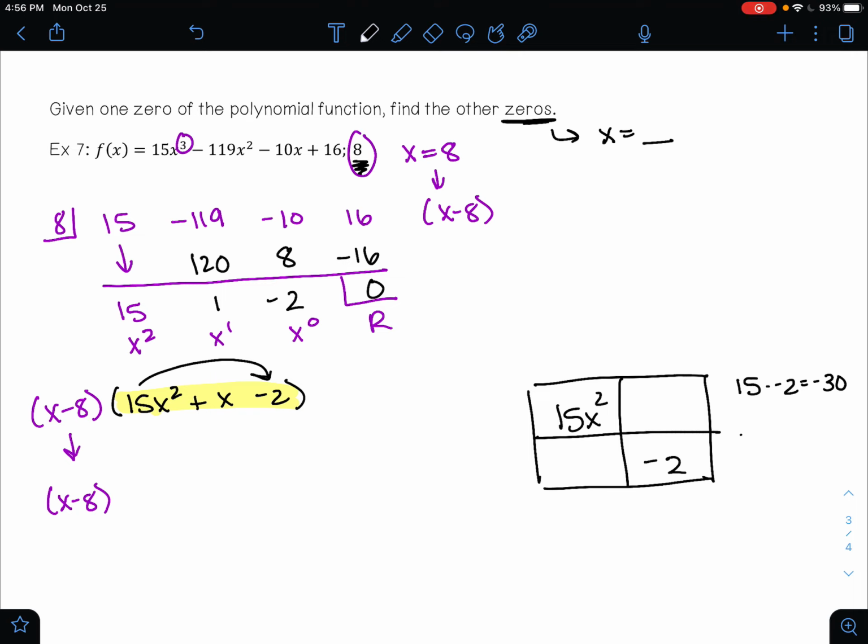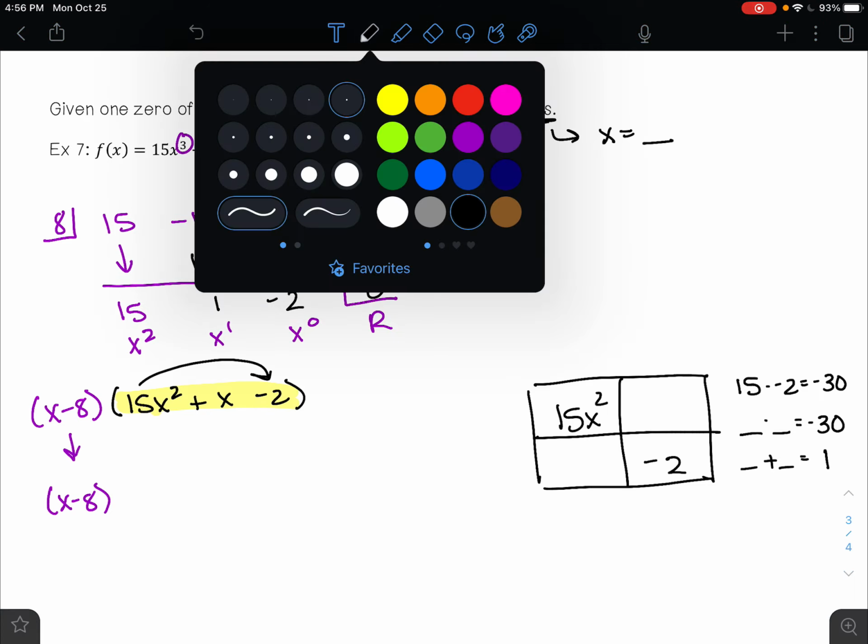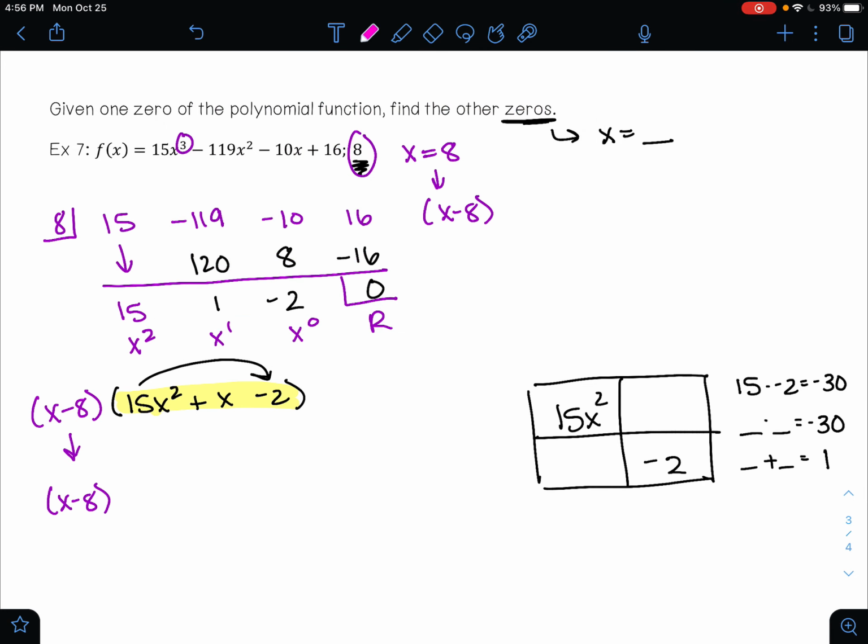So I am looking for factors of negative 30 that add to my middle number of positive 1. Those two numbers are positive 6 and negative 5. Those are going to be the numbers that go in the empty spaces of my area model.